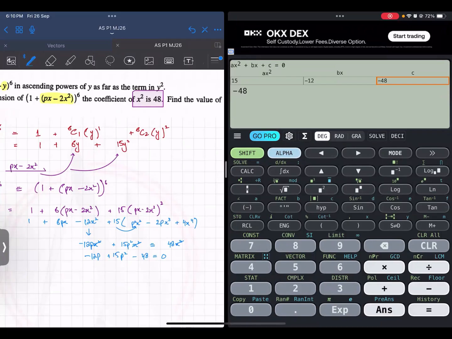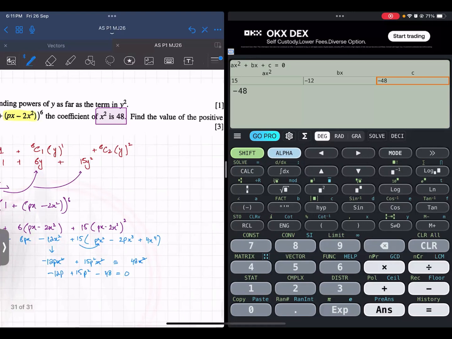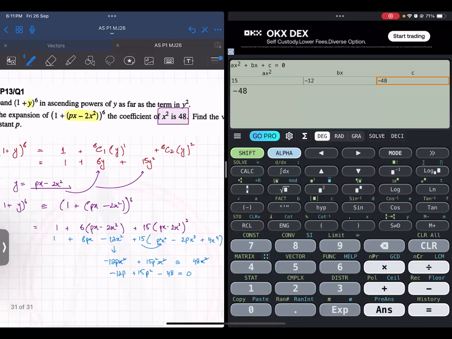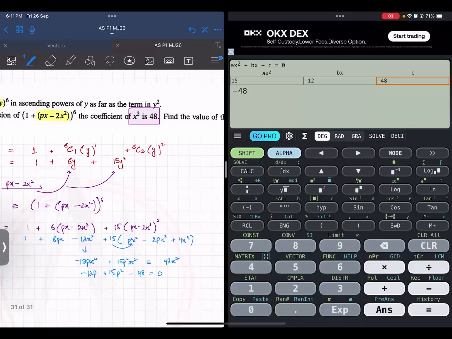I haven't put this right. 15p square minus 12p minus 48. P square x square. Minus 12x square.